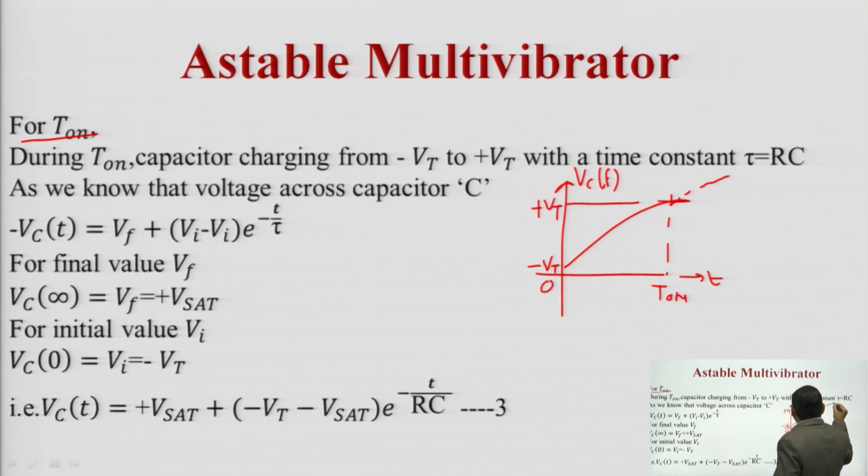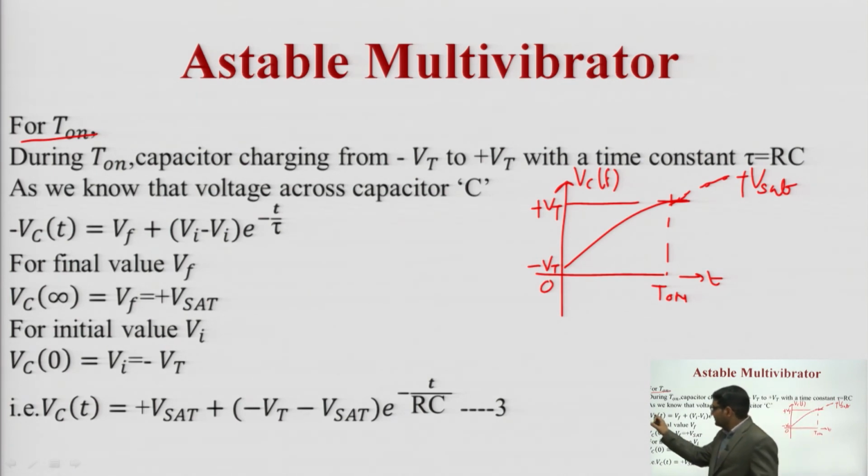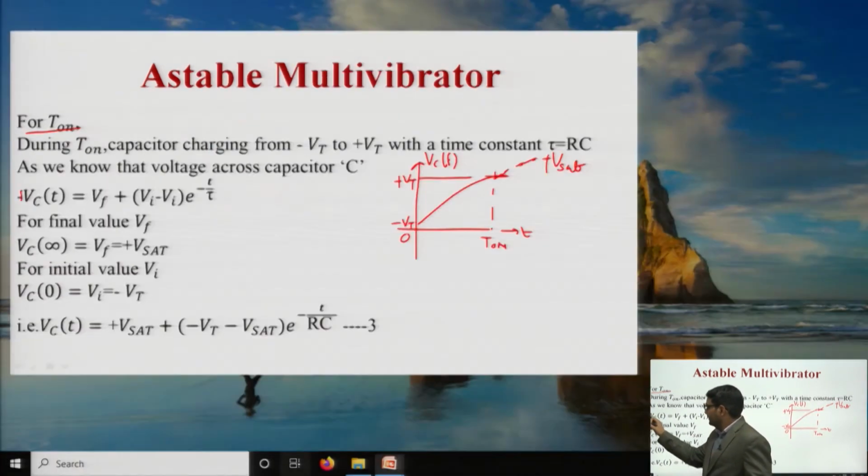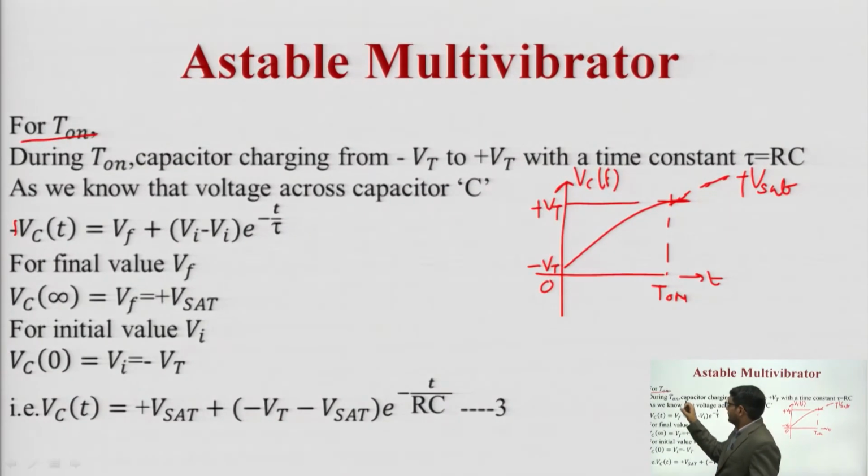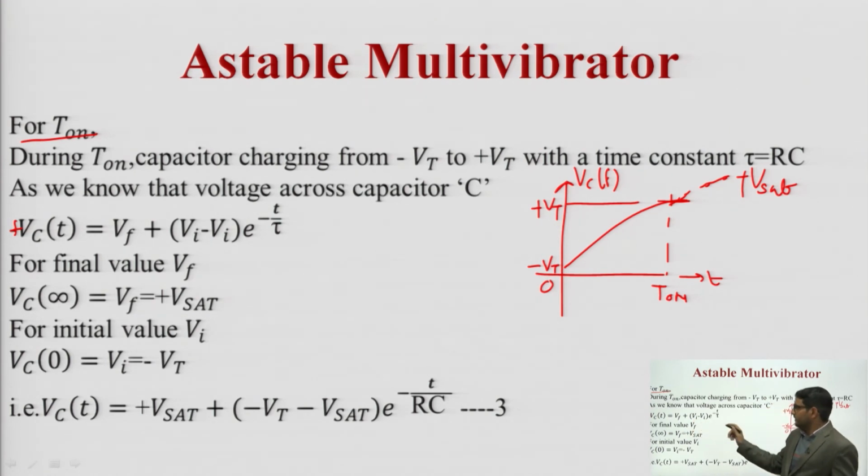Ideally it charges to plus Vset. Similarly, this is the plus sign, not a negative. Vct equal to Vf plus (Vi minus Vf) e to the power minus t by tau.